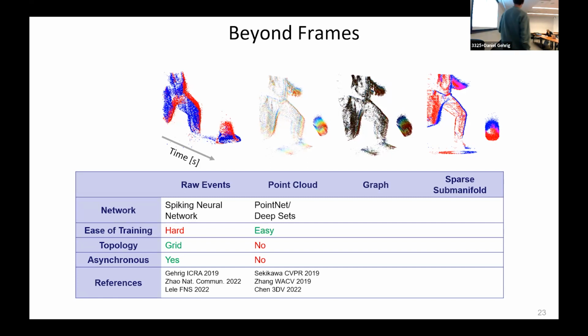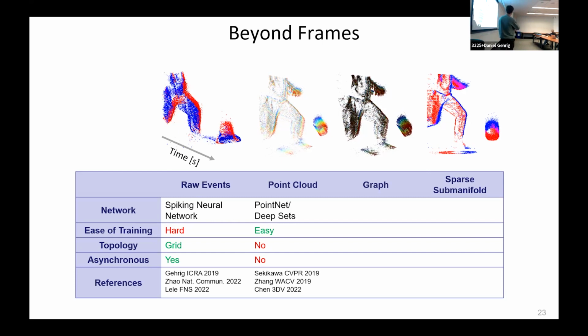Some papers also process events as point clouds. Point cloud methods are kind of mature at this point. They have efficient training rules based on backpropagation. However, because point clouds are usually considered as unordered sets, we don't actually have the notion of which points are close to each other.